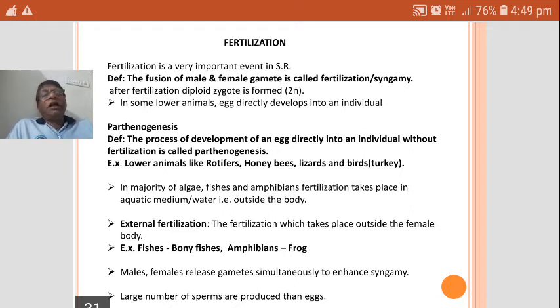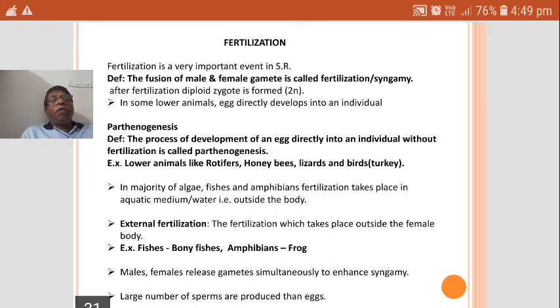But if we examine the life cycle of some lower animals, like rotifers, honeybees, the egg directly develops into an individual without undergoing fertilization.